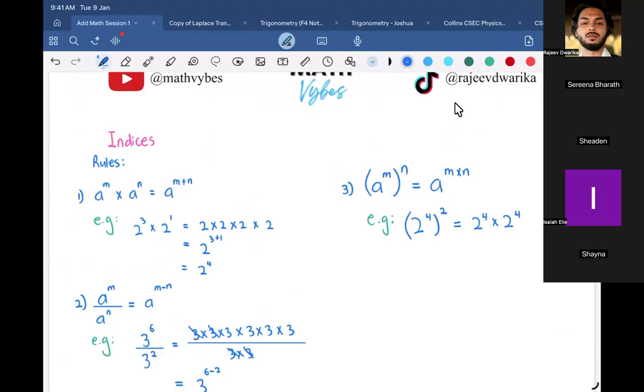So it will be 2 times 2 all to the power 2, if you're breaking it up out of the brackets. Take your time.